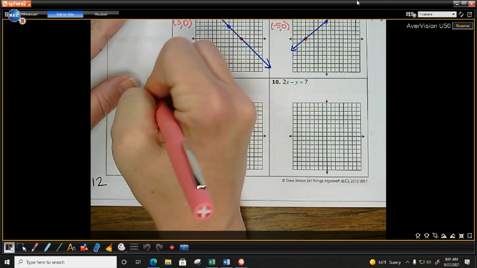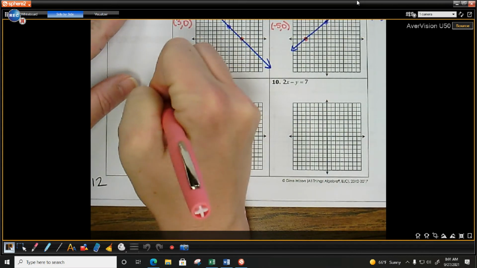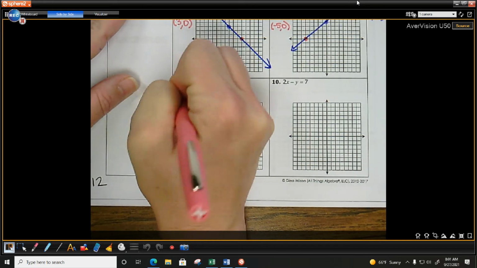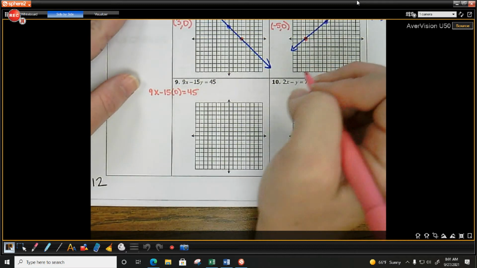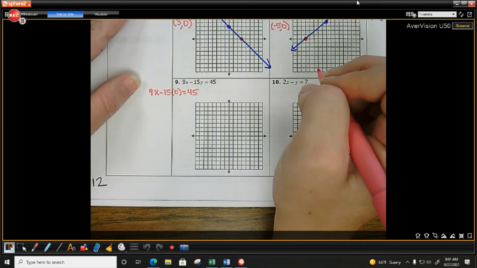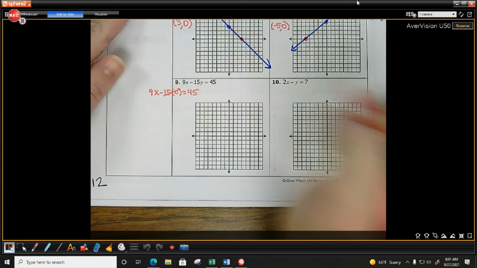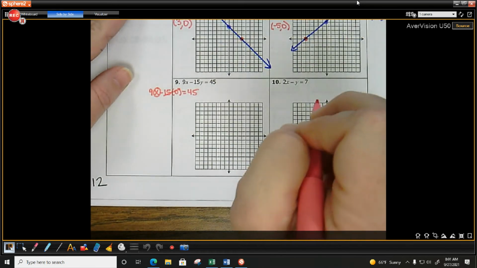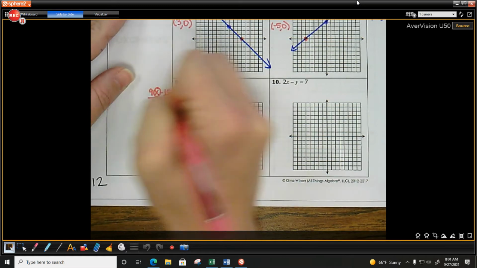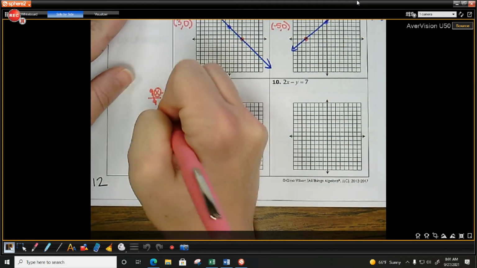So I have 9x minus 15 times 0 equals 45. Well, what's 15 times 0? You don't need it, right? It's just 0. So how do I get x alone? Divide both sides by 9. And we get x equals 5.